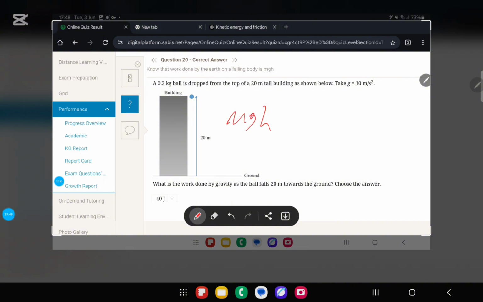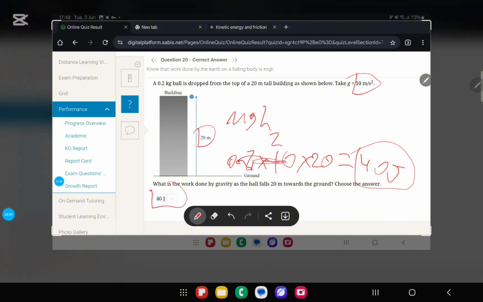Whenever you see work done by gravity, you know it's mgh. So mass 0.2 times gravitational acceleration 10 times height, which is already given, 20 meters. 0.2 times 10 is 2. 2 times 20 is 40 joules. That's the energy, and indeed it is 40. That's the work done by gravity.